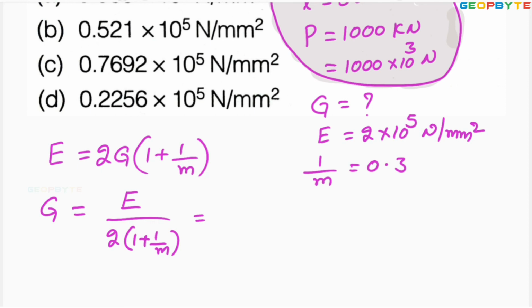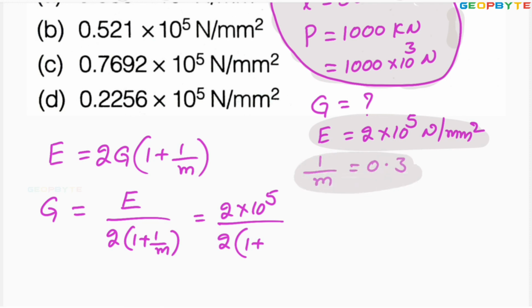It is equal to Young's modulus, which is 2 into 10 power 5, divided by 2 times 1 plus the Poisson's ratio, 0.3.